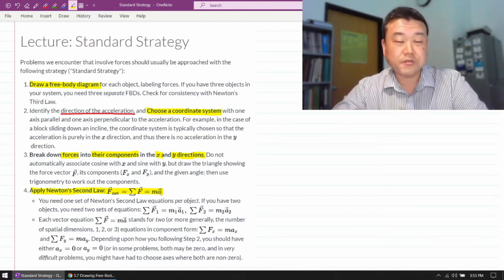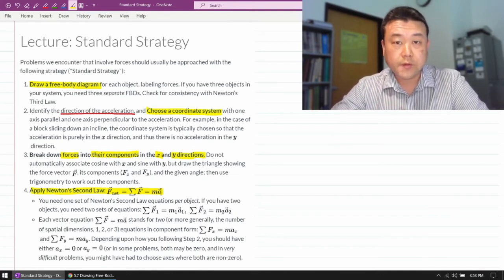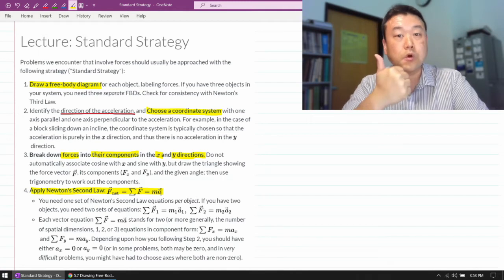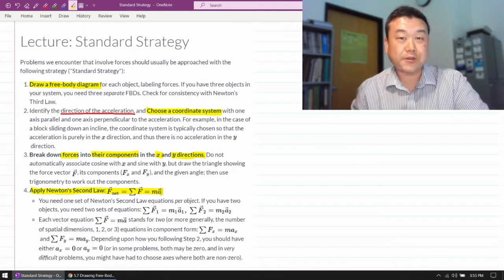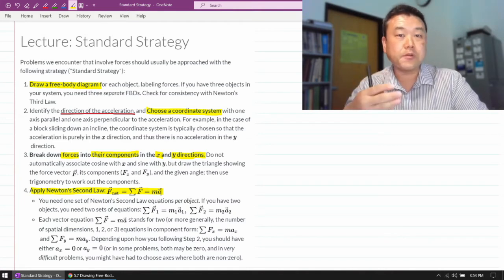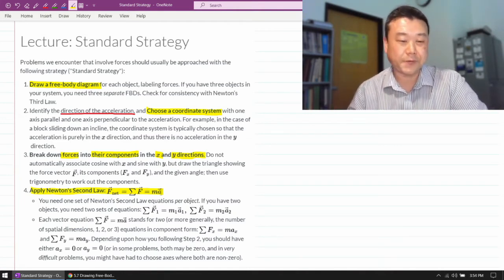We call it the standard strategy because it's the set of steps that you would go through in order to solve any problem involving forces, regardless of what the question actually asks for. So this is the strategy to get to the system of equations. And then actually solving that system of equations depends on what the question is asking for. So from that point on, the exact steps will vary depending on what your question asks for.